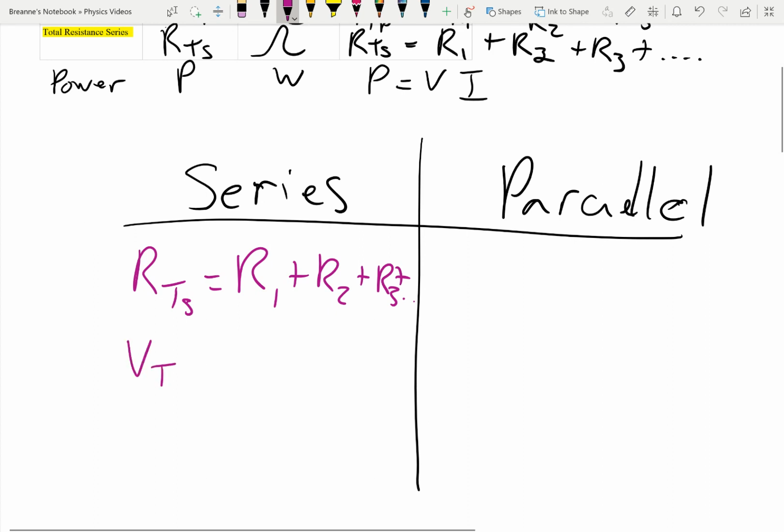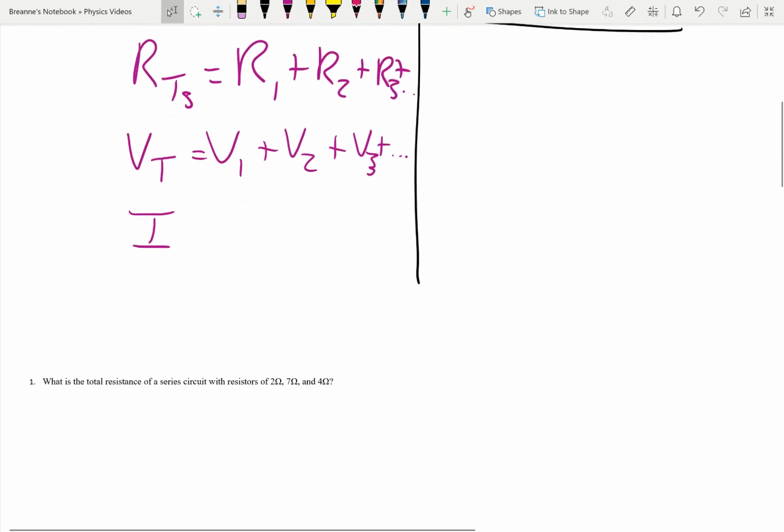Your voltage, you just add up. Your current, this is the thing, your total current is equal to all your other currents. Current is equal. Voltage you add up. And your power you just add up.